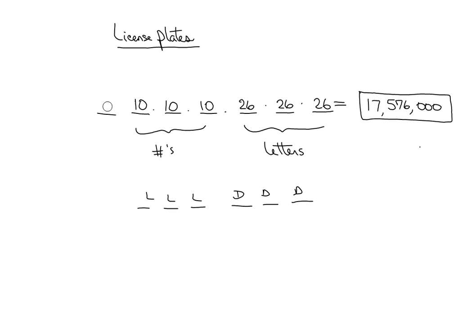Then they came along and said, okay, well now you could have either a 1 or a 2. So now, by going from a 1 to a 2, we added another 17.5 million. And then they said, okay, well now we'll start doing 3s. And at one time, the digit in the front actually meant something. For example, the 4s were only for trucks that were used for work purposes, delivery trucks and things like that, commercial trucks.